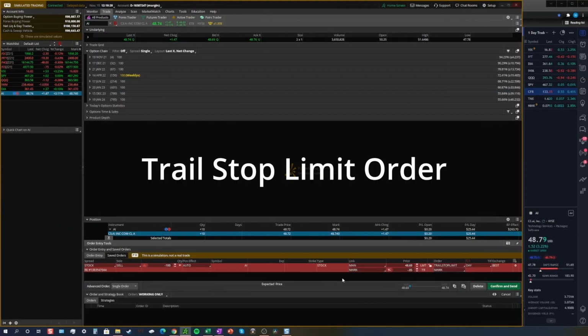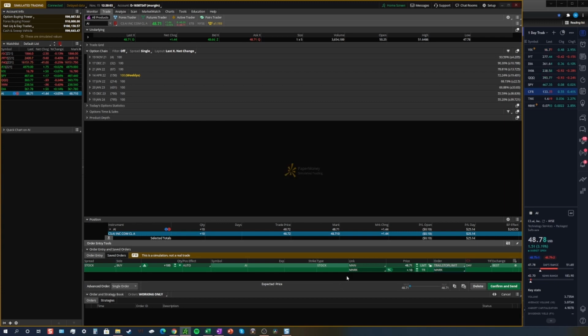Trail stop limit. Now, I don't use this trail stop limit too often, but there could be a good situation like with the trail stop that could be kind of useful. Just like with the trail stop, you have a floating stop here.